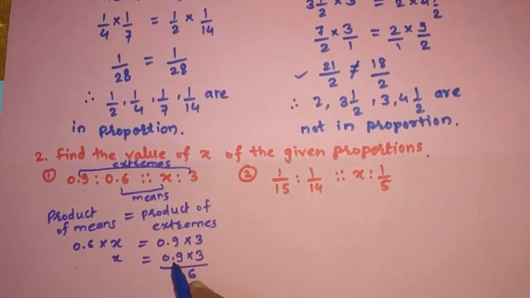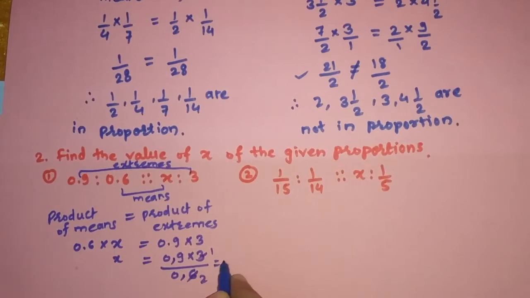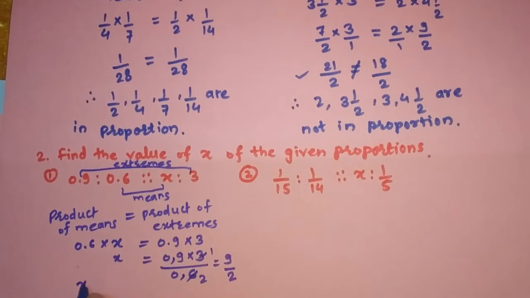So here the decimal is in the same number of places, so the decimal places will cancel, and we'll just go for the division. Here 3 ones are 3, and here 3 twos are 6. So friends, we come to know 9 by 2. So 9 by 2 is nothing but the x value, 4.5. So here in this case x value is 4.5.